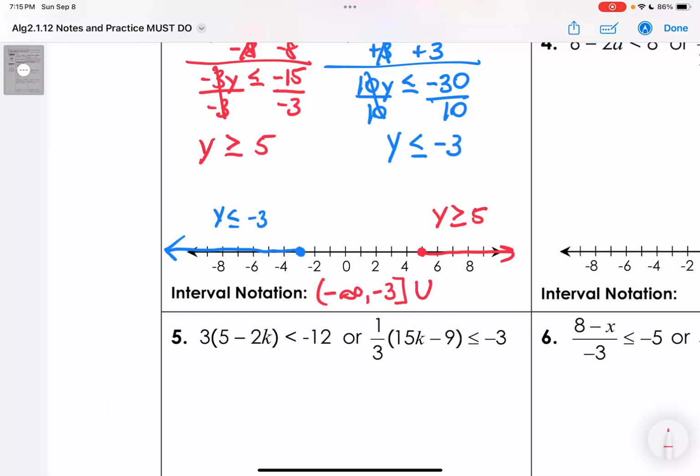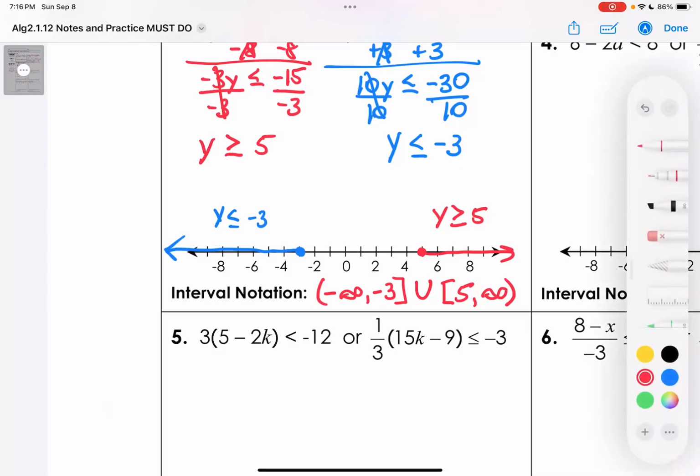Then I've got the union sign and a bracket because it is or equal to 5, and then positive infinity with our end parenthesis there.